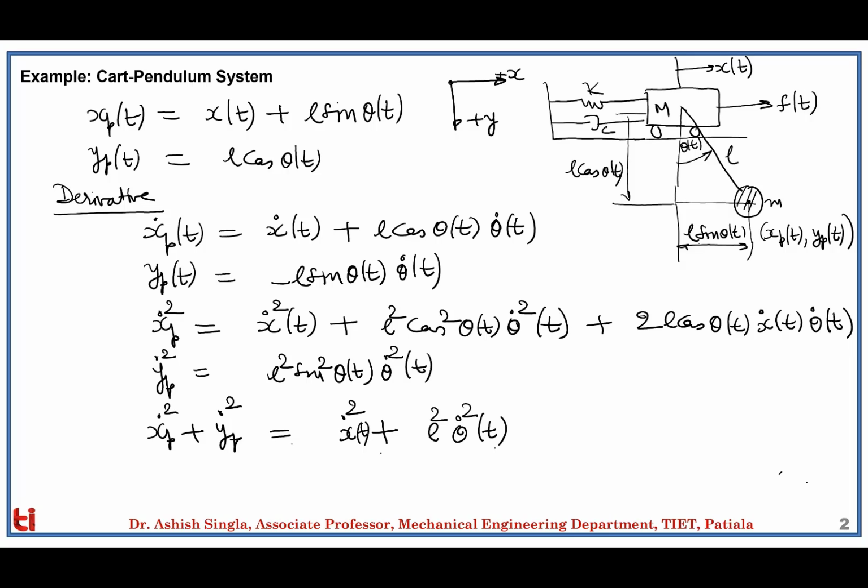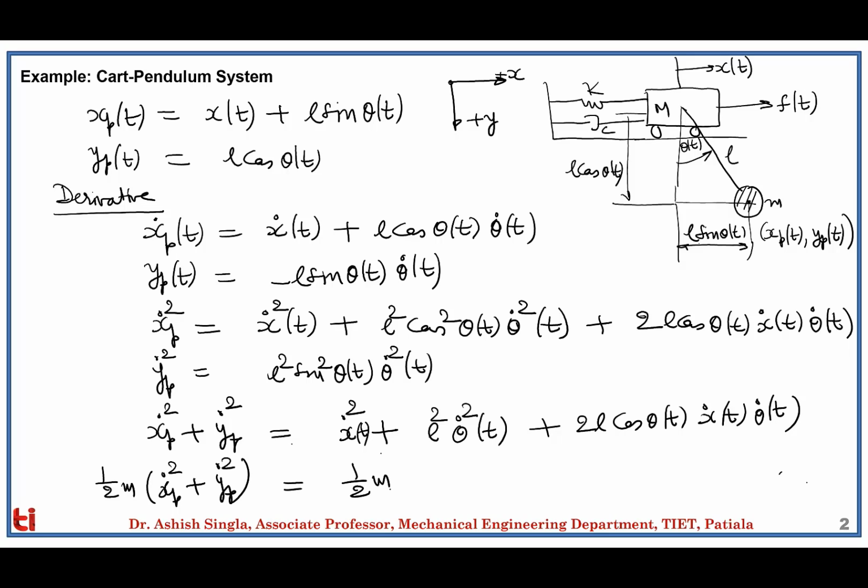Cos square theta plus sine square theta will add up to 1, plus 2L cos theta x dot theta dot, and finally we can multiply the whole term with half m, where m is the mass of the pendulum. xp dot square plus yp dot square will give us half m x dot square plus half m L square theta dot square plus m L cos theta x dot theta dot.